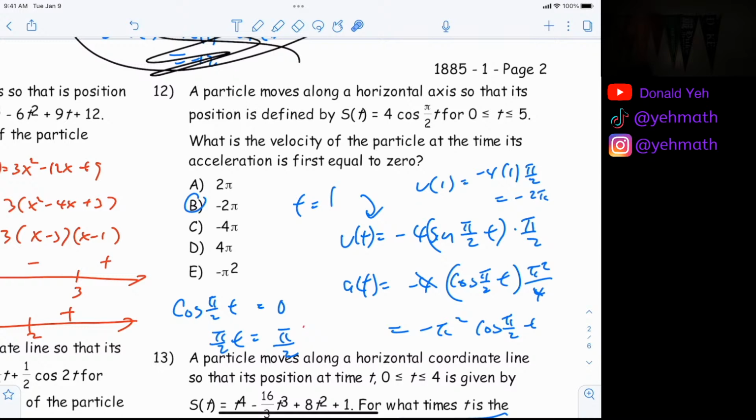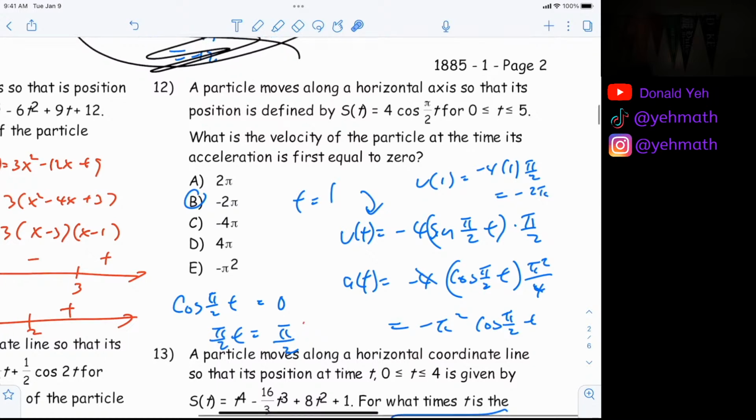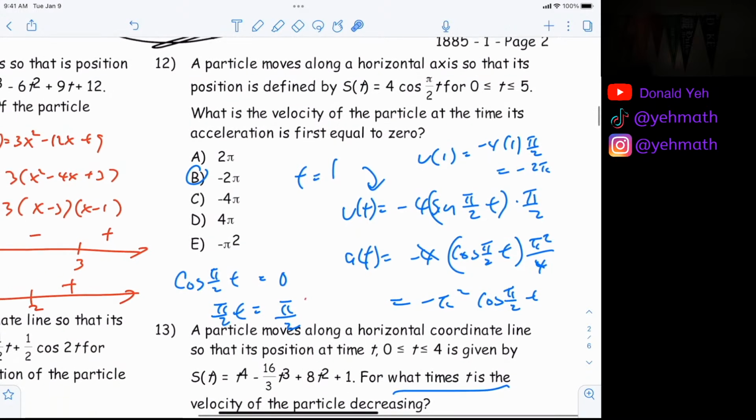So the negative pi squared is going to cancel out, and you get cosine pi over 2t equal to 0. Then you figure out when the cosine equals 0, which is pi over 2. Getting rid of pi over 2 on both sides, t equals 1. And then you had to plug it back into velocity to get negative 2 pi, because the question's asking what is the velocity. So they are kind of tricky.